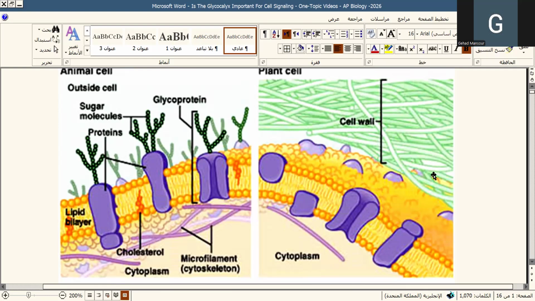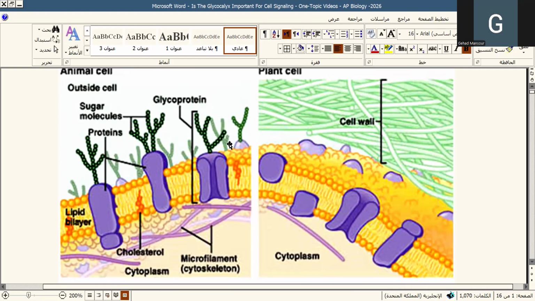So this is a major difference between the plant cells and the animal cells. The plant cells have their cell membrane covered with a carbohydrate, a complex polysaccharide, which is cellulose, but that is not really attached to the proteins of the cell membrane, and therefore that does not form glycoproteins or a glycocalyx.